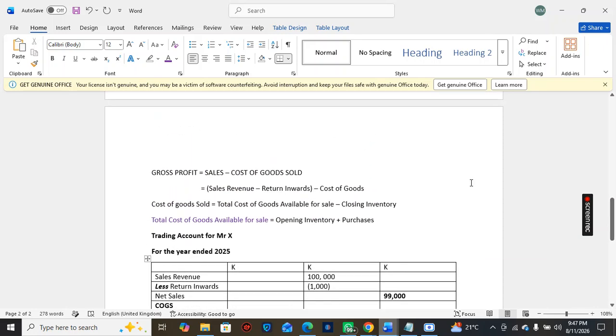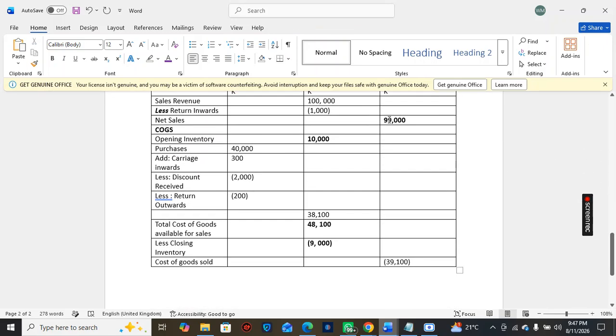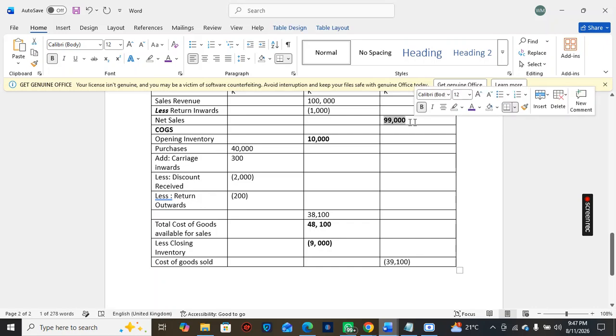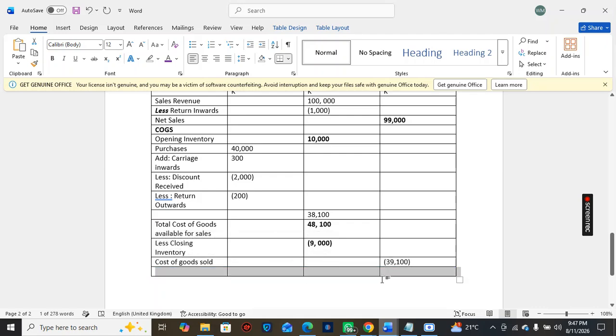Now we can get our gross profit: net sales minus cost of goods sold. So you say 99,000. This is how much we made from selling our cement. Minus 39,100, which is the cost of the cement that was sold.